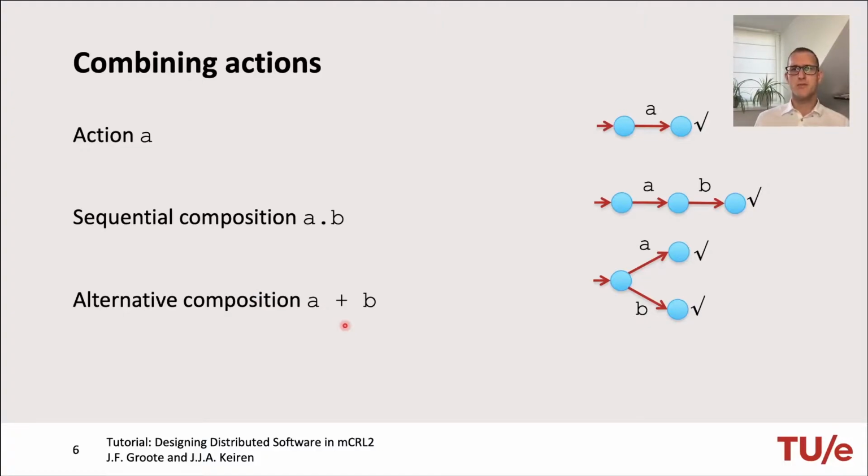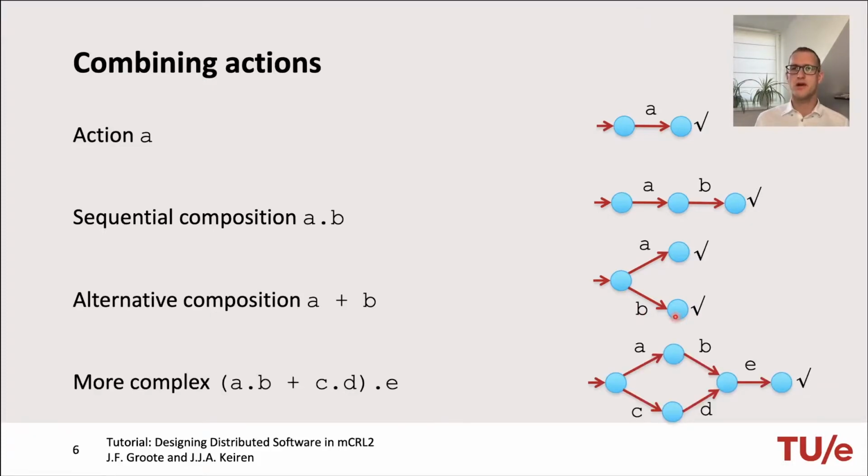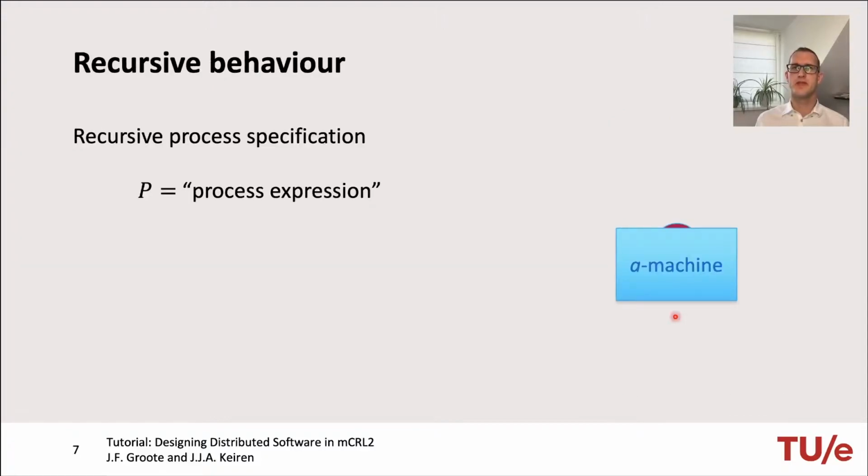The alternative composition between two processes says we have the choice between executing the first process and executing the second process. So for instance, if we write a plus b with a and b actions, then we either execute action a and then terminate, or we execute action b and then terminate. And of course, we can combine this to obtain more complex behavior.